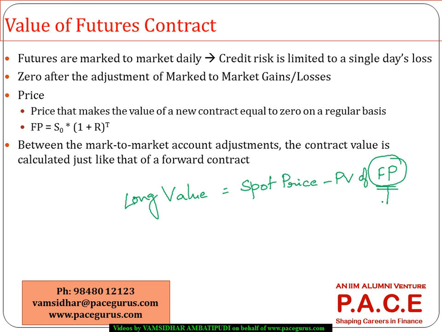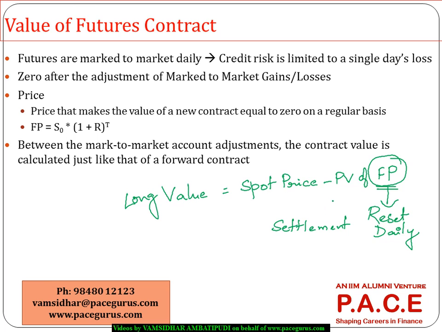This futures price is reset on a daily basis because of mark to market. It is reset to whatever is the updated settlement price, and a new contract is opened for the next day.